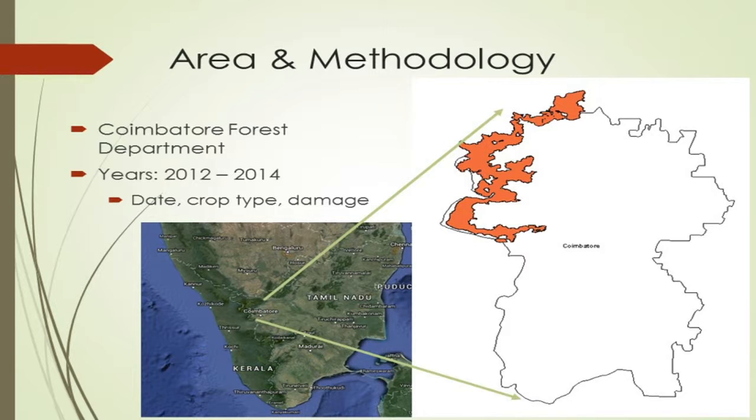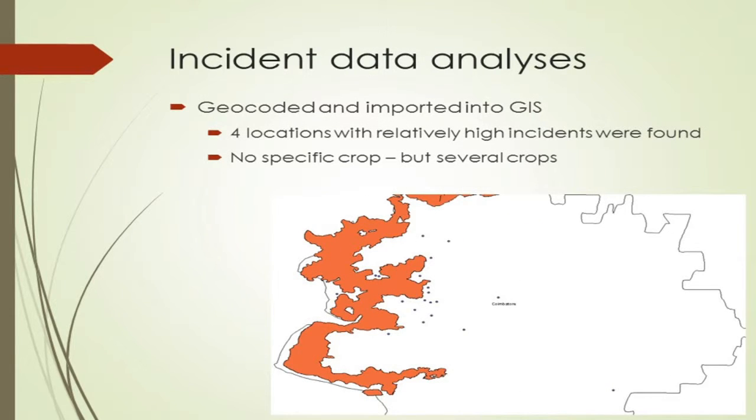And so we got image data from them in terms of instances. We do this thing called geocoding, and we brought it into a GIS, and we could locate 4 distinct areas which are in the outskirts of villages, where we found an unusually high number of instances of this conflict. But there are no specific crop, because they are opportunistic, they will go after any crop.